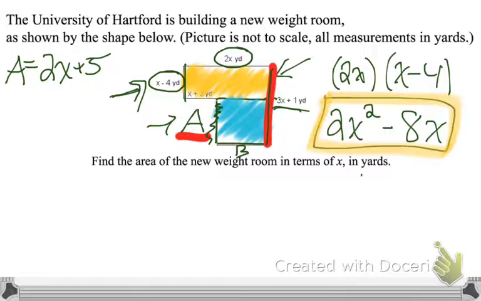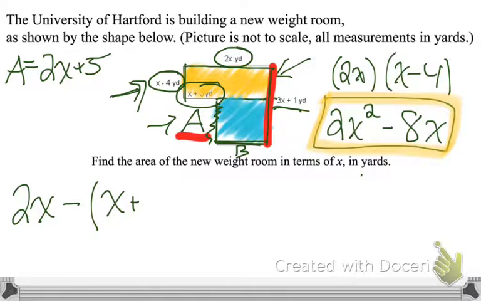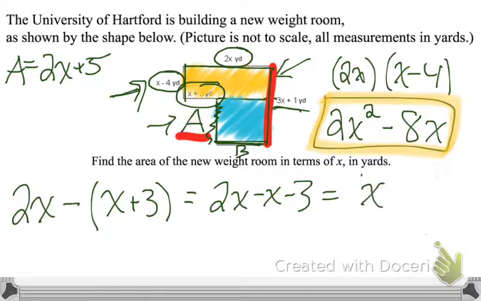And now we just need to find B. Okay, and we're going to use the same principles here. The long side is 2x. And to get B, we need to take away that binomial right there, x plus 3. So that is 2x minus x minus 3, and that is equal to x minus 3.